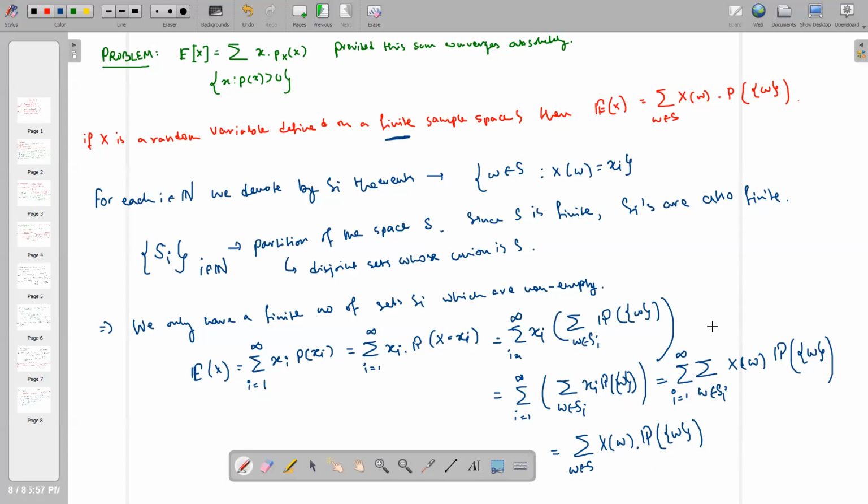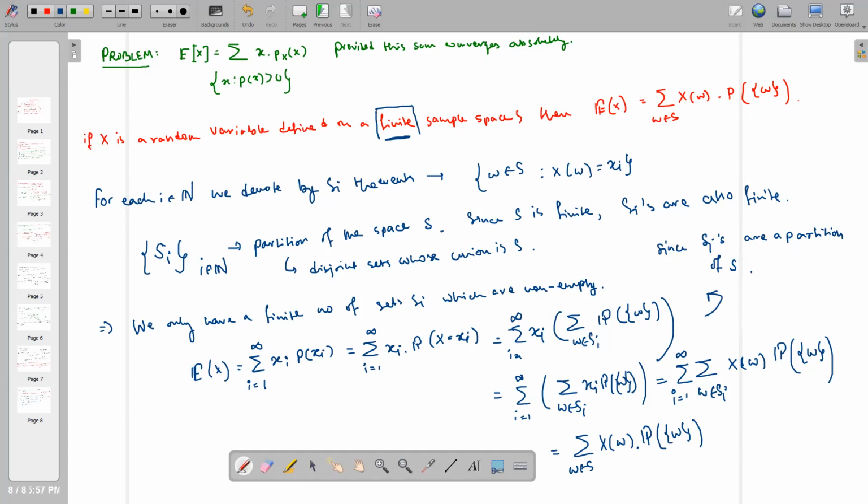Because we use the properties of the sets S_i: the sets were a partition of S. Now you see I have deviated from the original definition a bit.